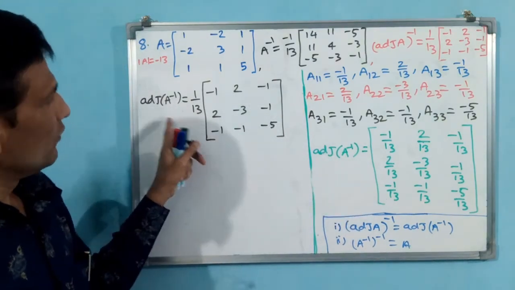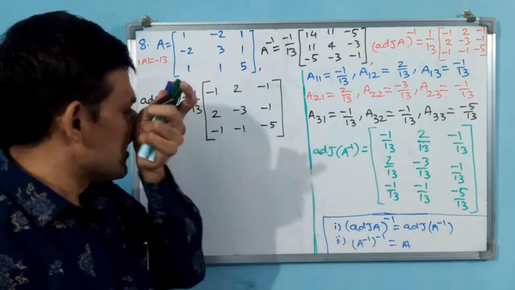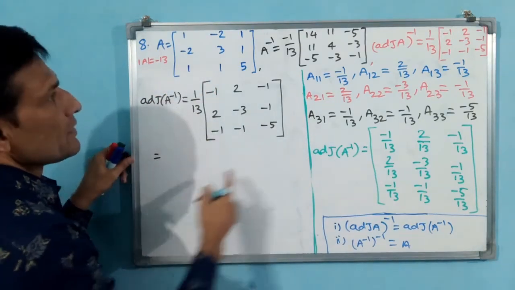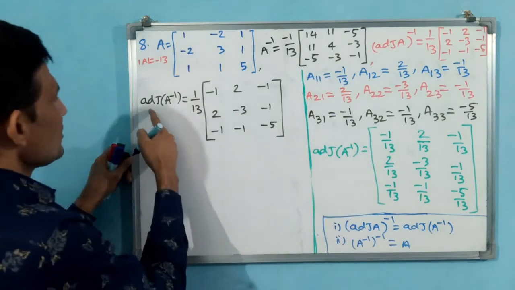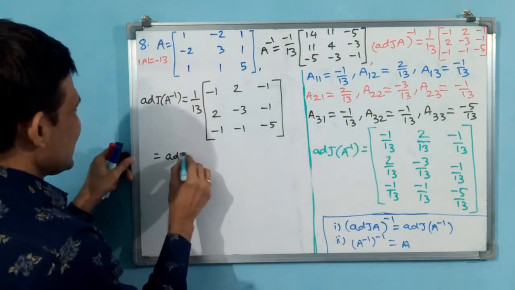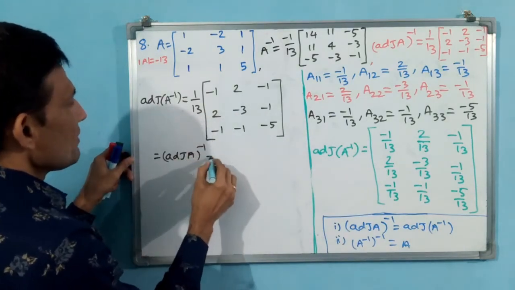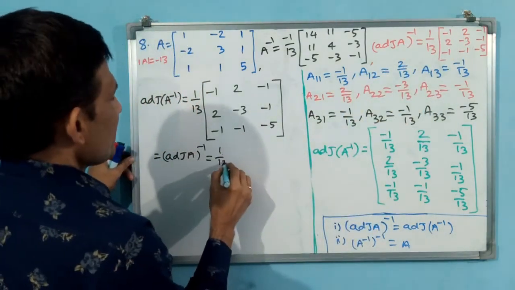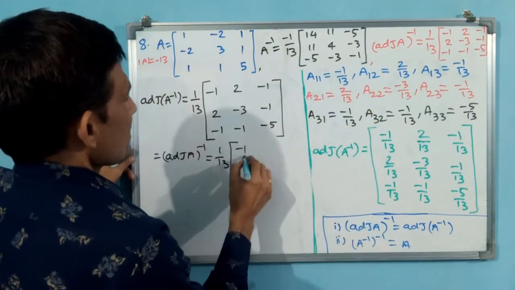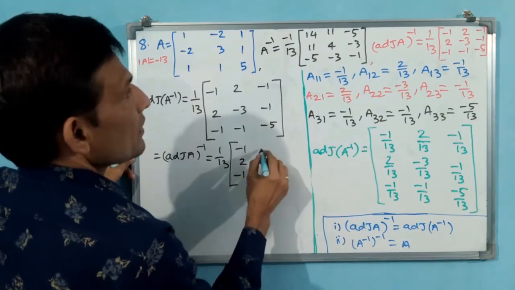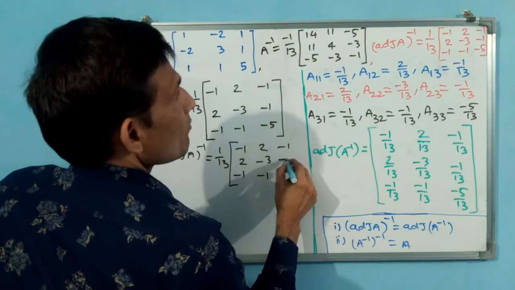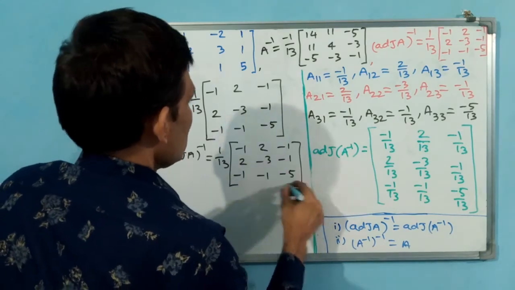If you set 1 by 13 again, this is going to happen. Now you tell me, is this equal to adjoint A inverse? This is adjoint of A inverse, adjoint A whole inverse. Same. 1 by 13 times minus 1, 2, minus 1, 2, minus 3, minus 1, minus 1, minus 1, minus 5.